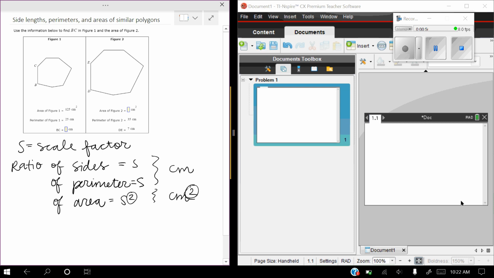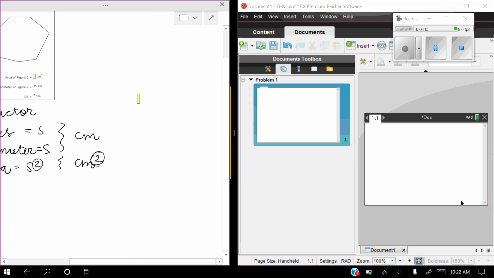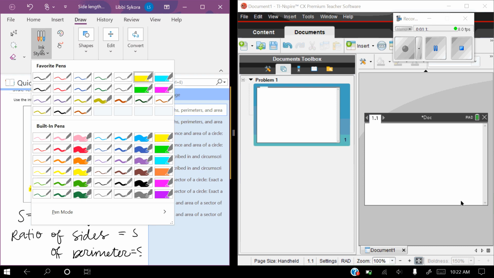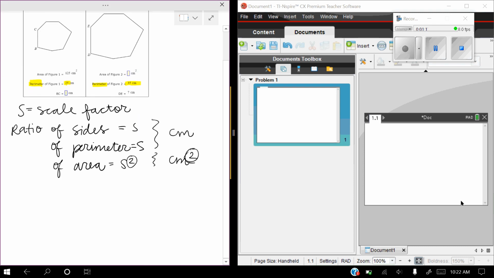Okay, so I'm looking at this diagram here, and I'm noticing that we have the perimeters. Those are the numbers that we have to work with right now. So I'm going to use the perimeters, because the ratio of the perimeters is the scale factor.